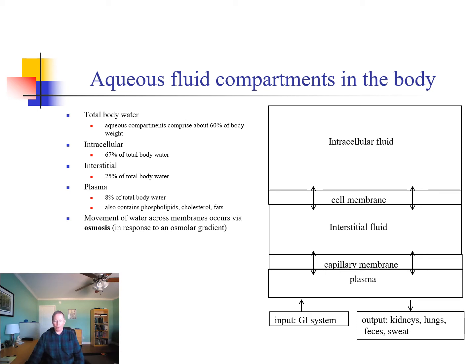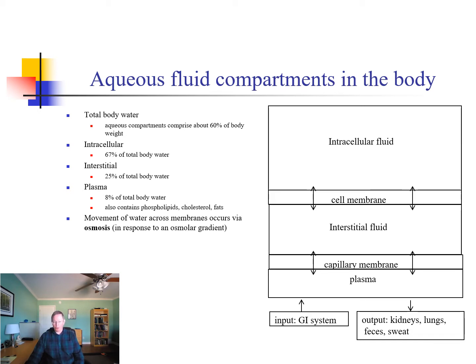Women in general will have a higher body fat content than men because they have to, if they're in reproductive age, accommodate the chance of having a child and another body inside them. And so they tend to have higher fat content because of that. And then, of course, people will be of different sizes, and so there'll be different body compositions. But typically around 60% of your body, if you are a male, is water.